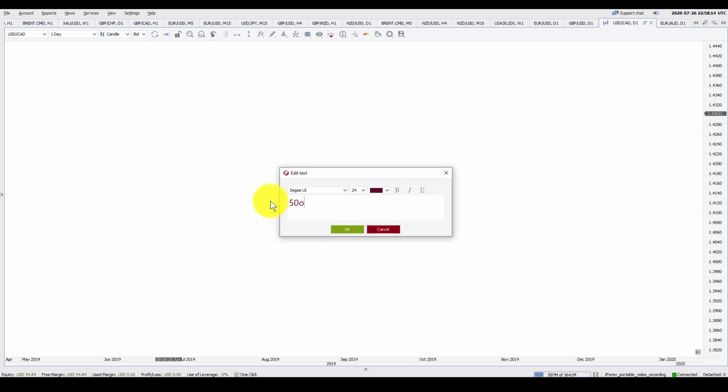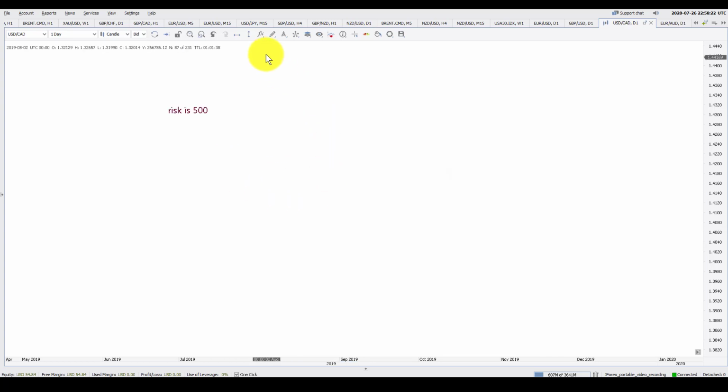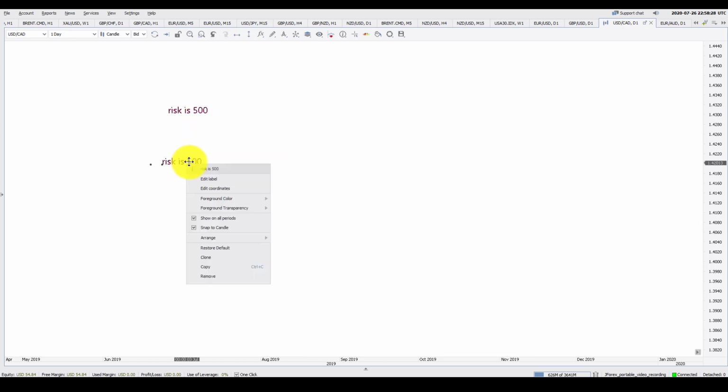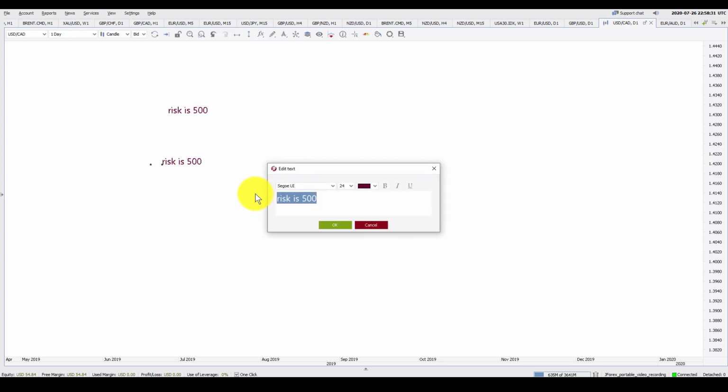Okay, so your risk is 500 each time, and if your reward is 3 times, then your reward is 1500.